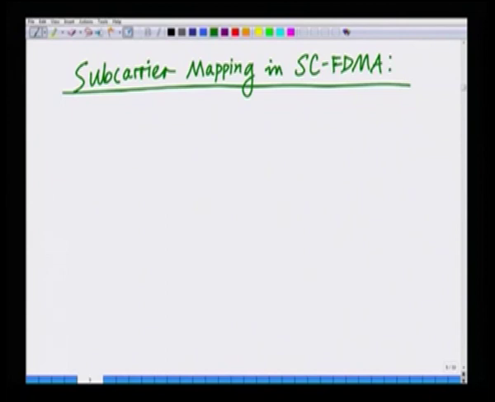If I look at a subcarrier mapping operation, let me go back again to my SCFDMA transmitter schematic.